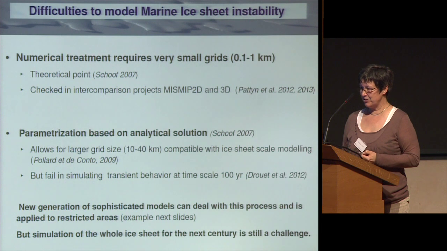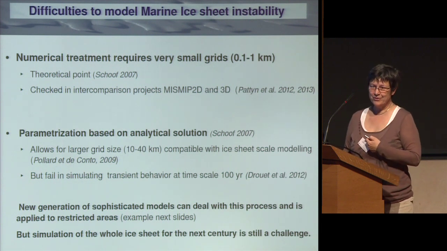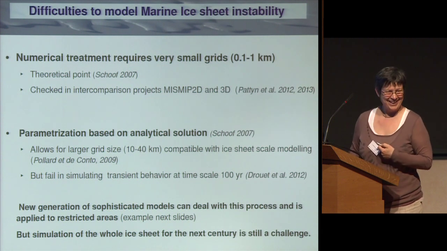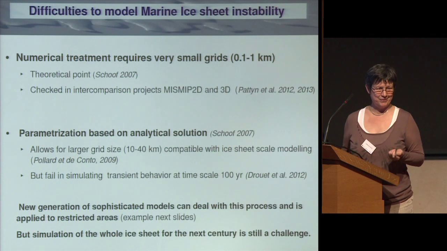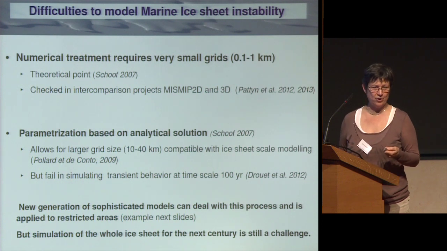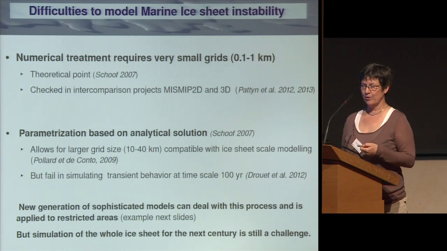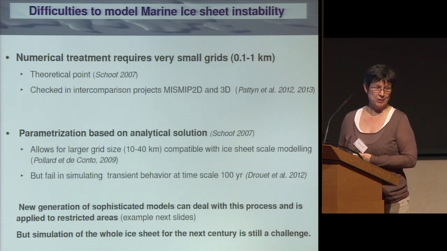So you can imagine Antarctica is something like 3,000 kilometers, and you need a grid of 1 kilometer. It's not possible just now. You have to find either a non-regular grid or strategies like adaptive grids. And now there are a few models that are able to do that.